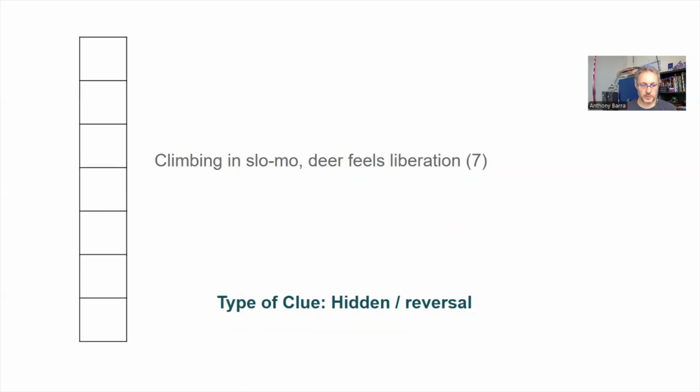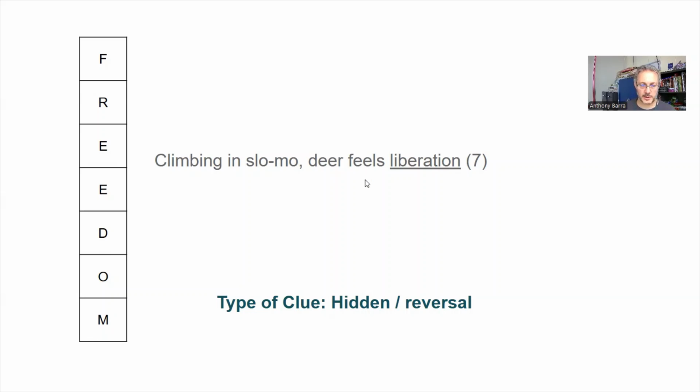Climbing in slow-mo, deer feels liberation. So here's another one where we get climbing, which can be used in a down clue. And there are certain things going on here. Within slow-mo, deer feels, we get a backwards hidden word. So starting with the F in feels, R-E-E-D-O-M is freedom, which is another word for liberation.